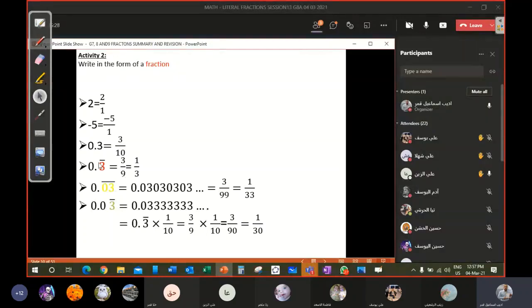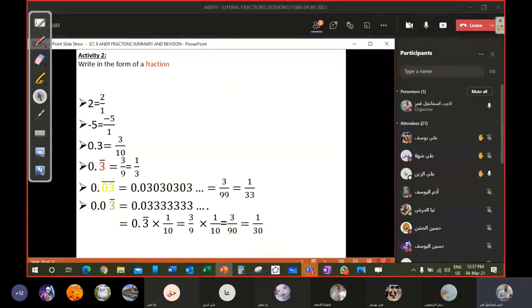This number is a periodic number. 0.03 period, the period here is 2 numbers, so we put 3 over 99, which is 1 over 33. Here we have tenths, we multiply by 1 over 10, and 0.3 period times 1 over 10 gives 3 over 9 times 1 over 10, which is 3 over 90, 1 over 30.